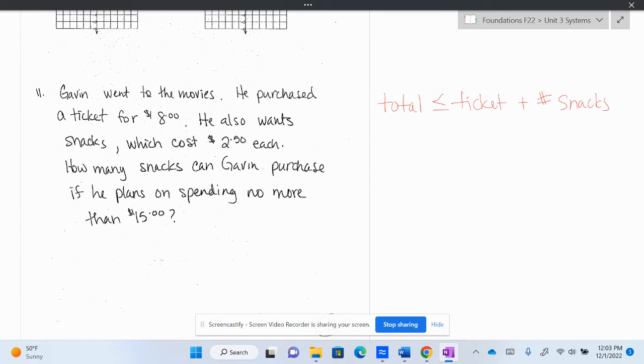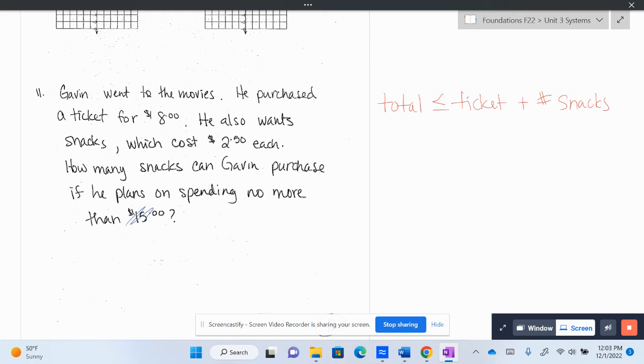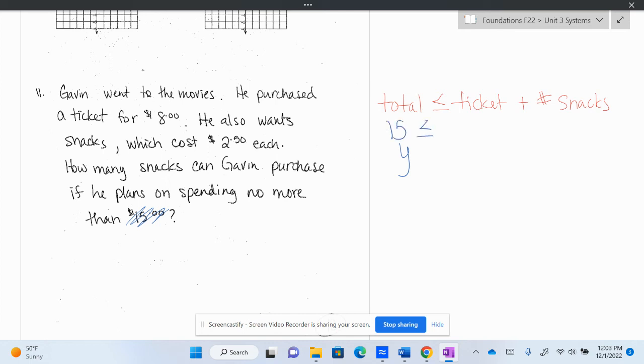Let's first of all start with writing an inequality. We're going to not think about how much money he has. If I just wrote this as y equals mx plus b. Go ahead. Yes, 15. It's less than or equal to, but yes. 2.50x. Good job.